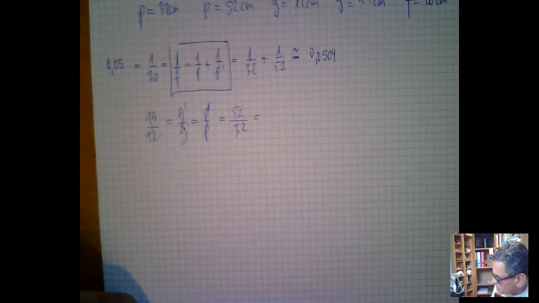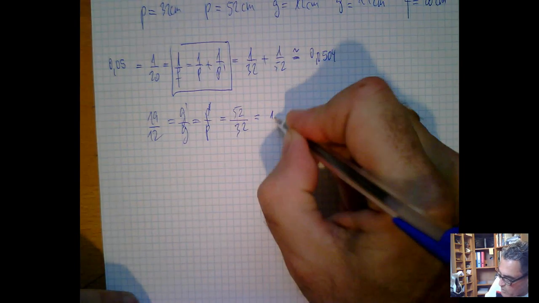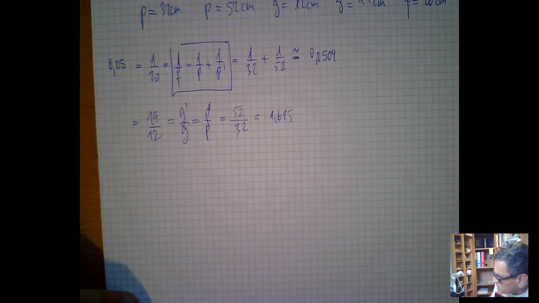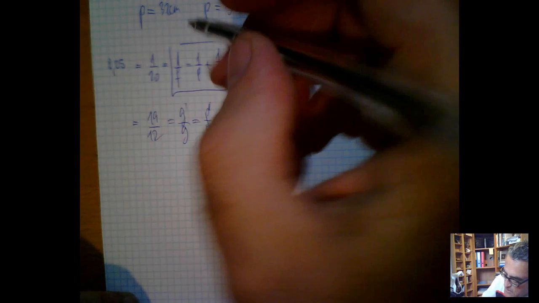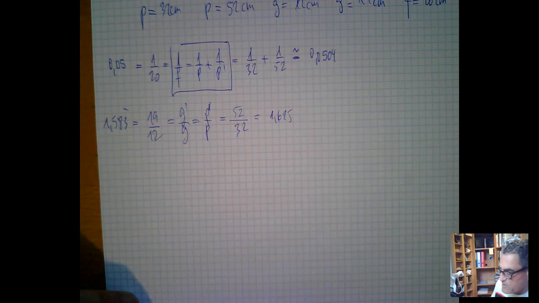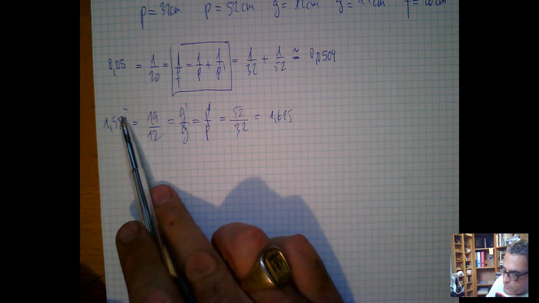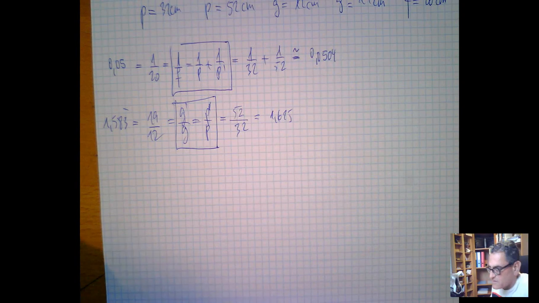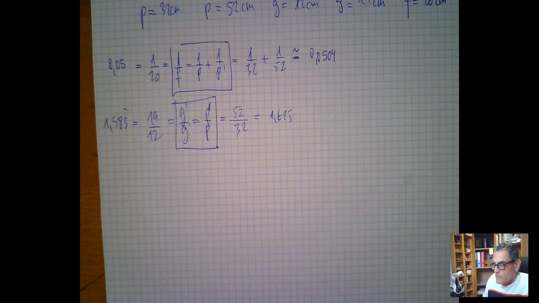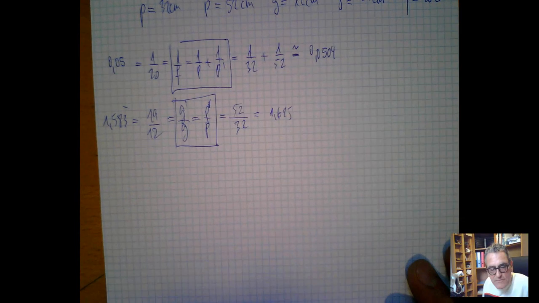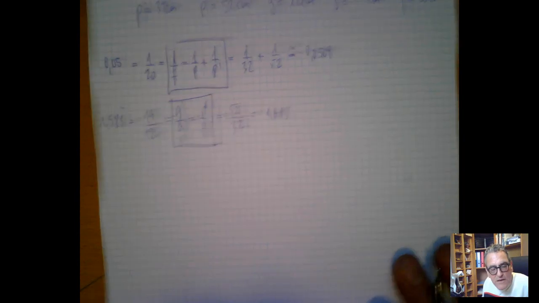Sounds good. 52 over 32 is 1.625, and 19 over 12 is 1.583 periodic. So we are quite happy. 158.3, 162.5. It's okay. This is quite typically how the laws of lenses perform once you analyze a drawing that you have done by hand. Very good.